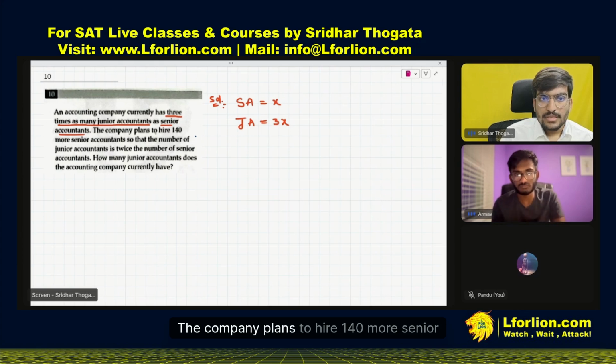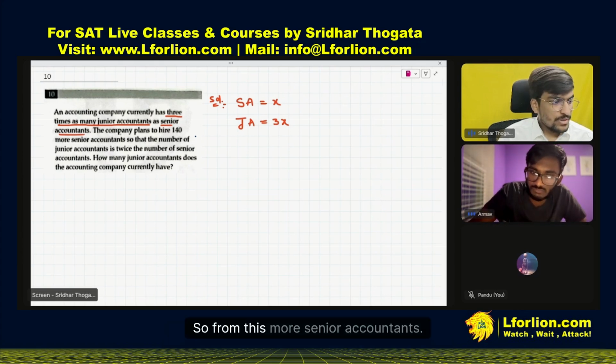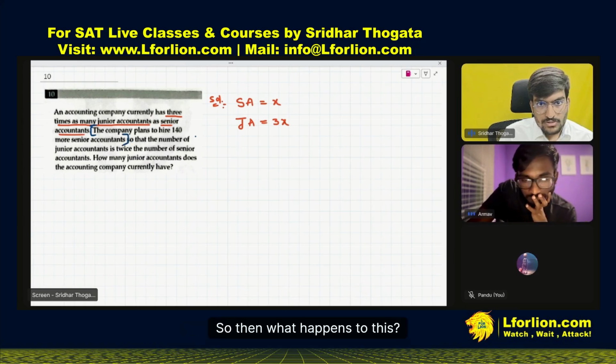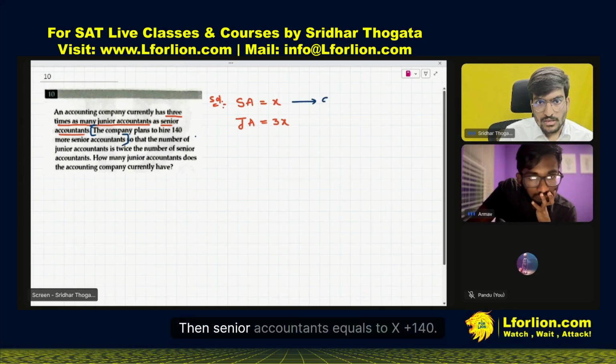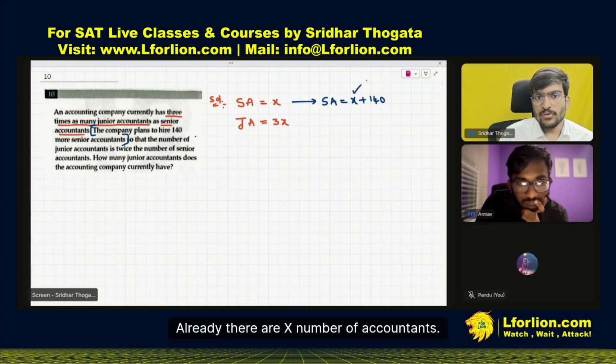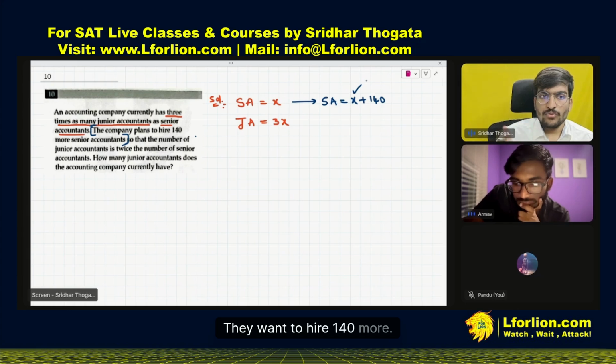The company plans to hire 140 more senior accountants. So then senior accountants equals X plus 140. Already there are X number of accountants. They want to hire 140 more. That's why I just added X plus 140.